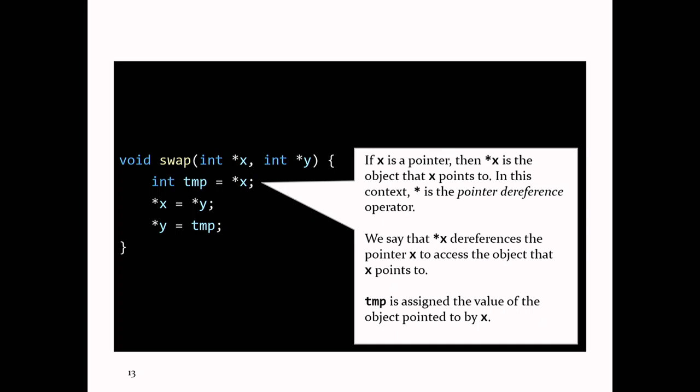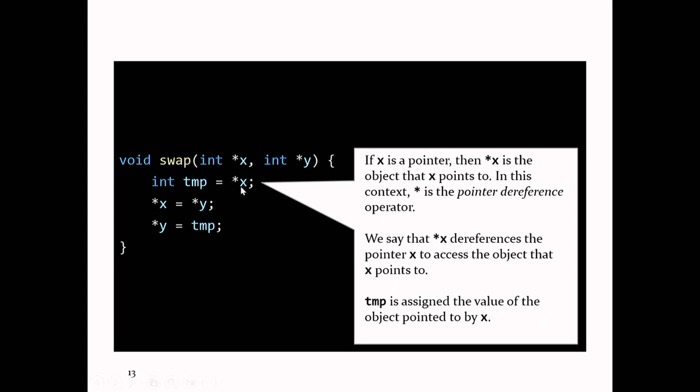We call that a pointer dereference. When you write star x, where x is a pointer, you're getting the actual object that x points to. So we say that you dereference the pointer to get the object that x is pointing at. So remember that: star pointer name means you're dereferencing the pointer to get the object that's pointed at.